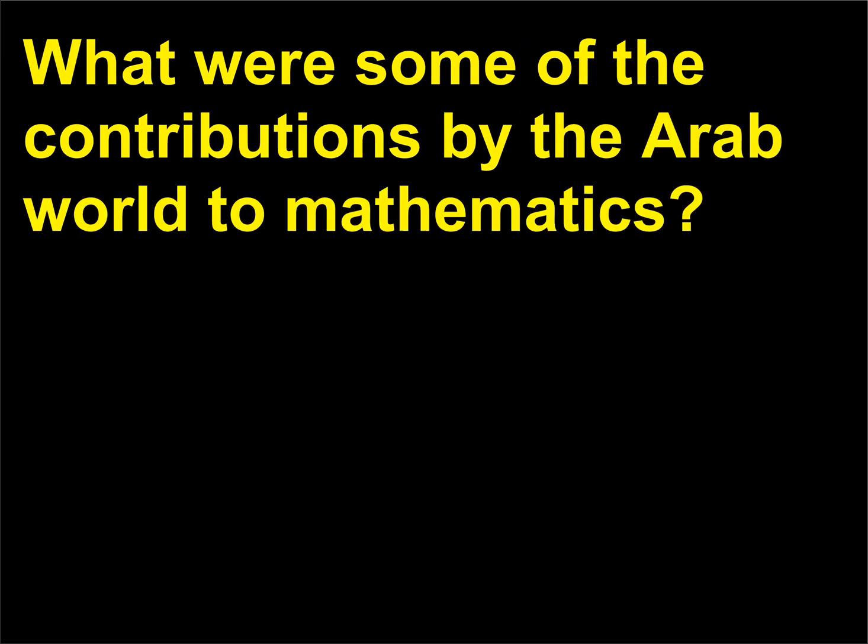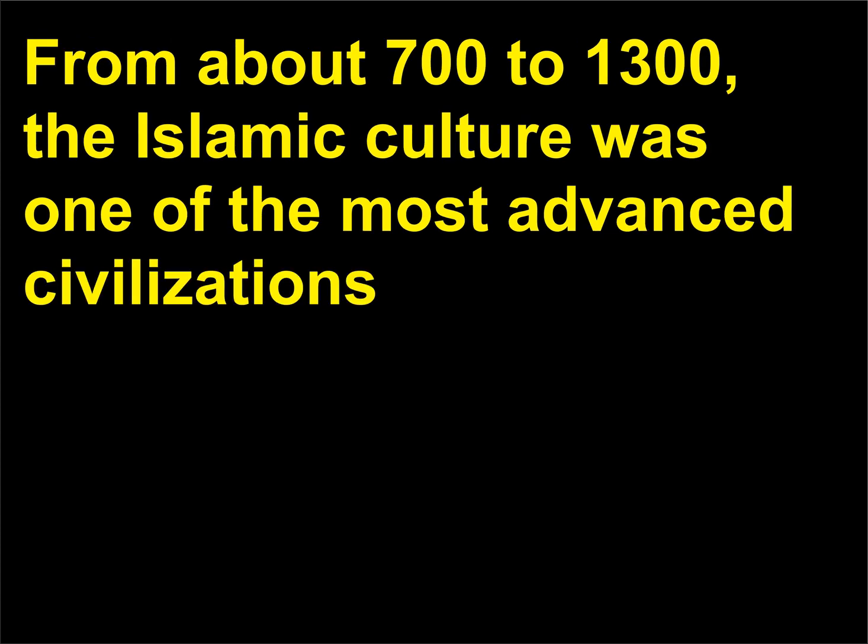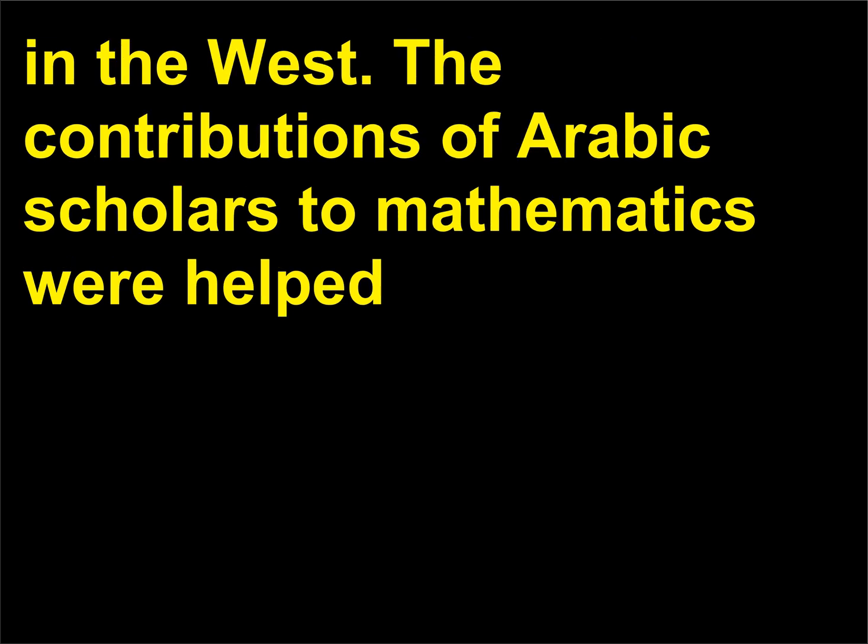What were some of the contributions by the Arab world to mathematics? From about 700 to 1300, the Islamic culture was one of the most advanced civilizations in the West.